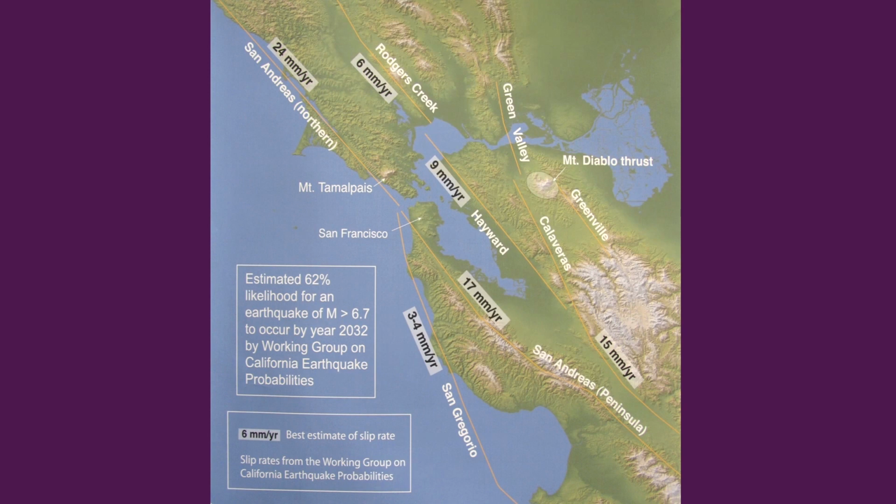Then another important part, which has been pointed out in many textbooks and by many scientific groups, is that when there is such deformation, the stored energy is not released along only one single weak zone.